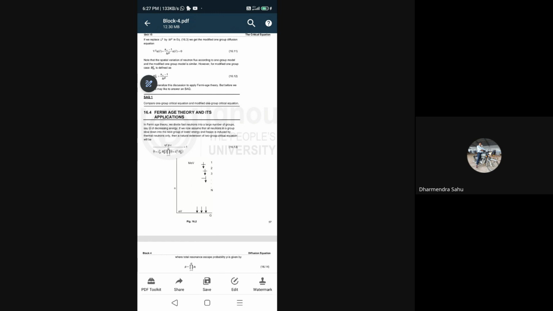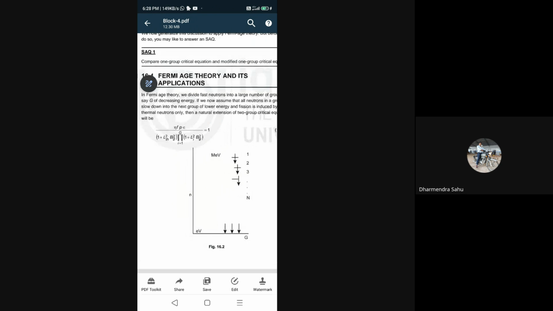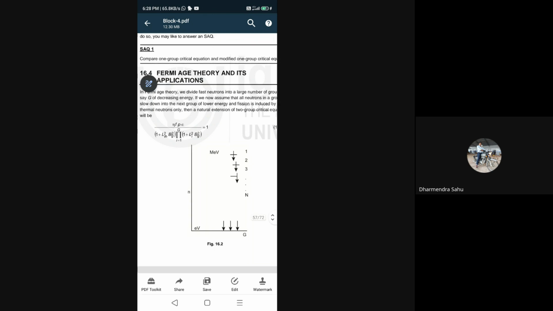If we assume that all neutrons in a group slow down into the next group of lower energy and fission is induced by thermal neutrons only, then a natural extension of the two group critical equation will be eta f p epsilon by 1 plus L thermal square Bg square, product from i equals 1 to G of 1 plus Li square Bg square, is equal to 1.